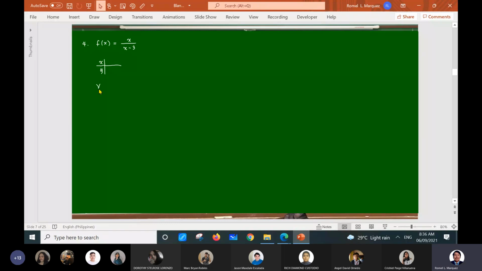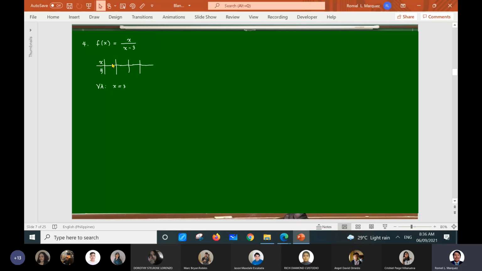There is what we call vertical asymptote for this, and that is x equals 3. It is where the denominator will be 0, no? And then this is a vertical line. We assign values to the left of 3 and to the right of 3. I think 2 values to the left, 2 values to the right, enough.